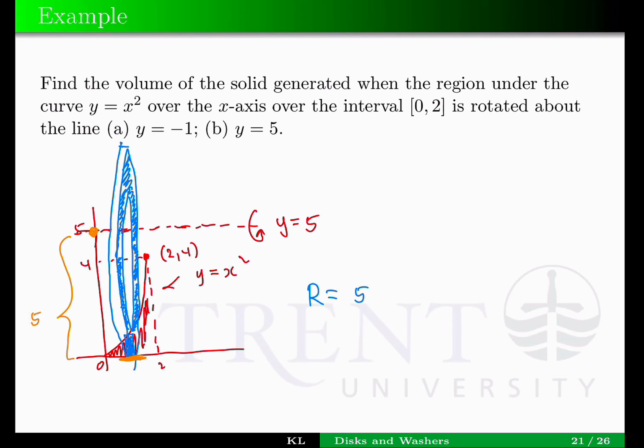But what about the smaller radius? The smaller radius is, again, from the axis of revolution to that part of your function here. If from the axis of revolution going to the x-axis is 5, and from your function going to the x-axis is the function, then the smaller radius will be 5 minus the function.